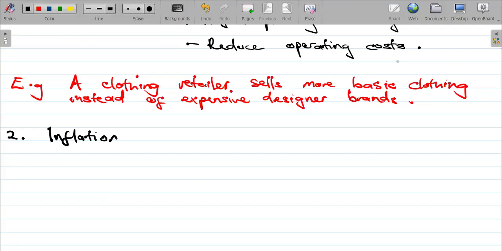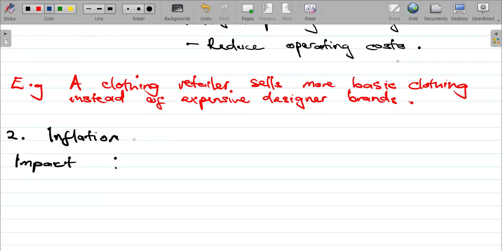So let's talk about the impact of inflation on business. The impact of inflation includes increased cost of raw materials and transport, right?